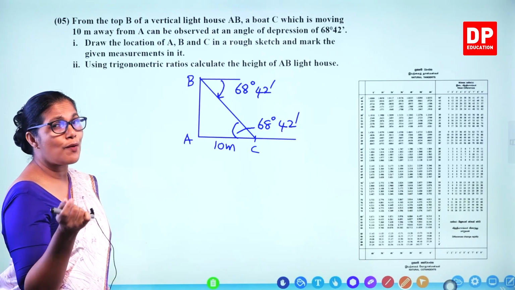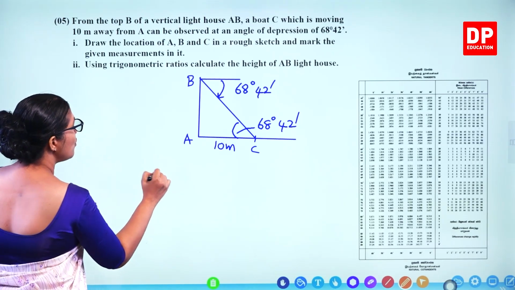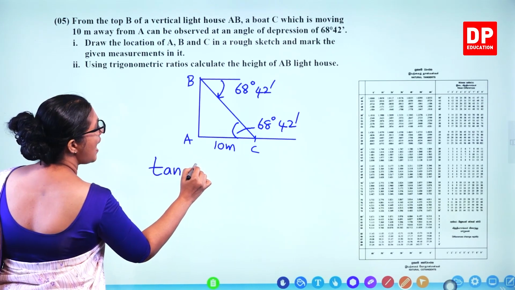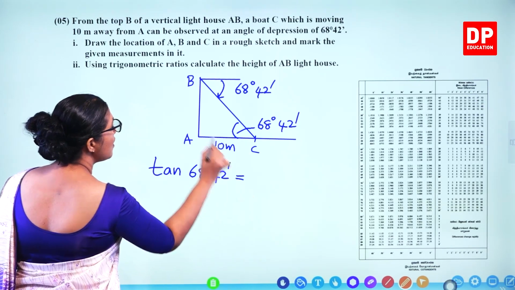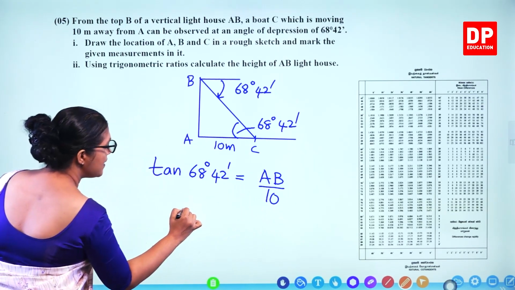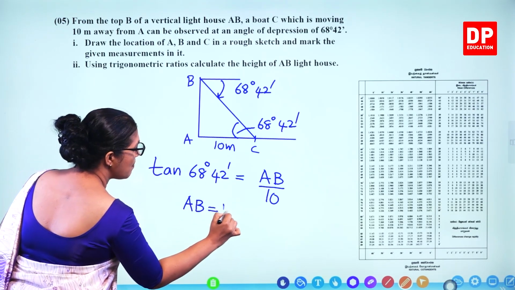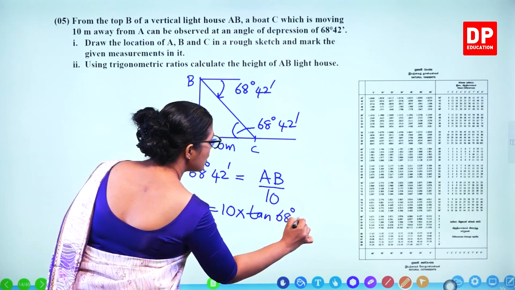Opposite over adjacent, which ratio? Tan ratio. So you can use the tan ratio. Tan of 68:42 is equal to AB over 10. So what's AB then? Just multiply 10 by tan of 68:42.